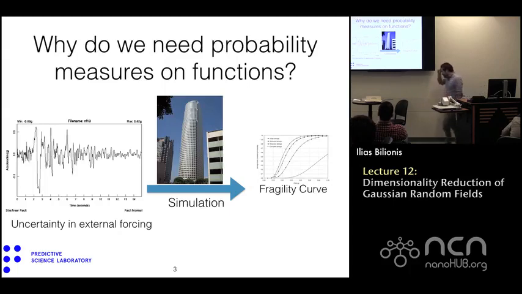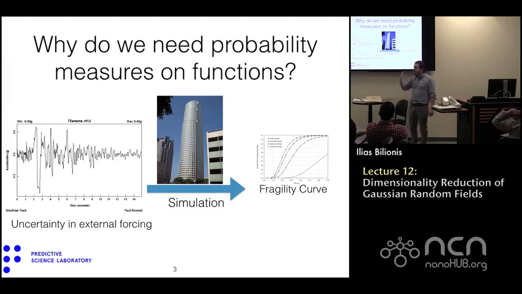Just to give you a reminder of why we're doing this thing with probability measures on function spaces: a lot of applications have inputs that are functions. For example, in structural engineering, your input may be the acceleration of the ground as a function of time. This is, for example, an earthquake.